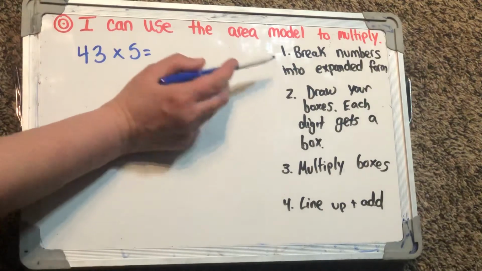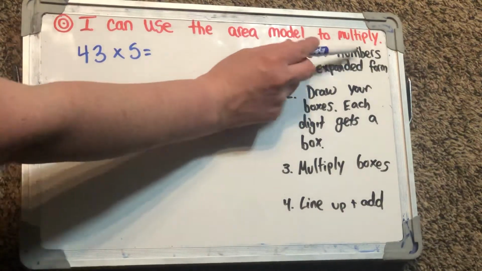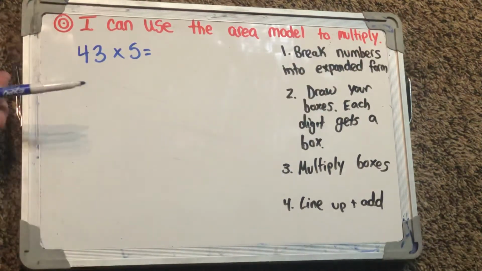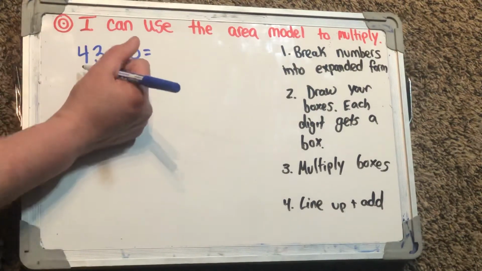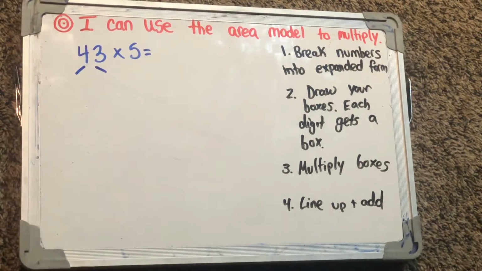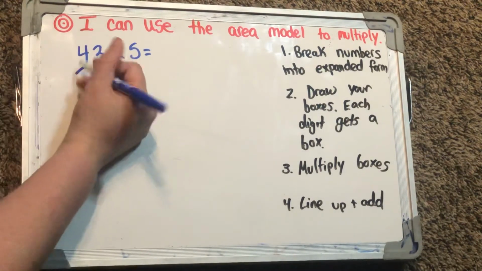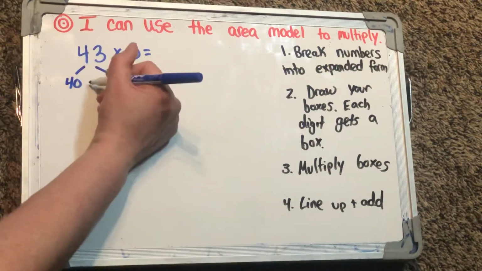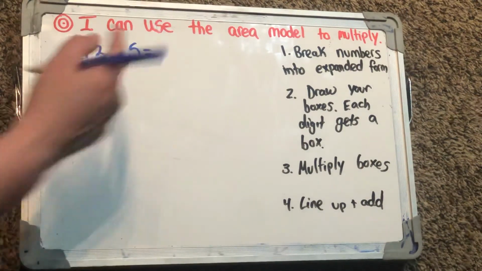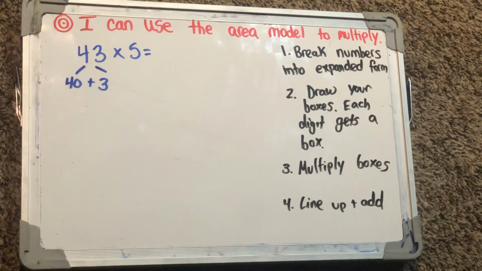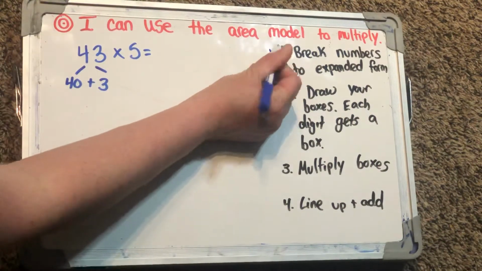And then we're going to do step 1, break numbers into expanded form. Our 5 is good, but our 43 we need to break up. 43 is the same as 40 plus 3. And that's what we're multiplying times 5. Done.